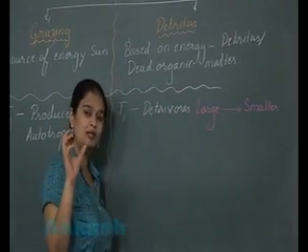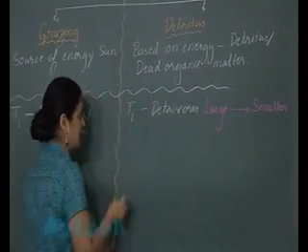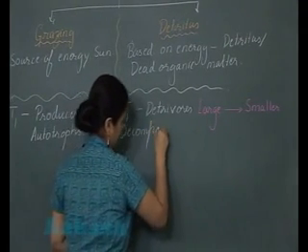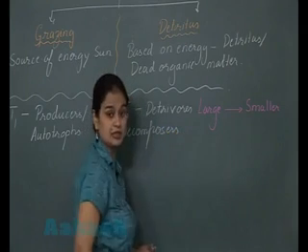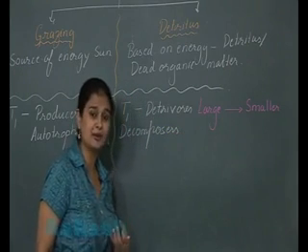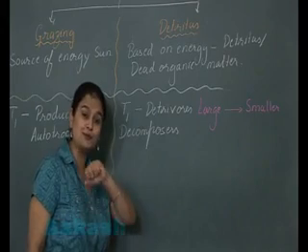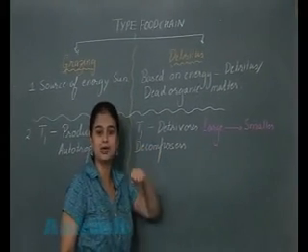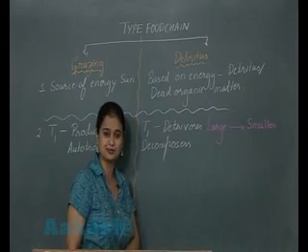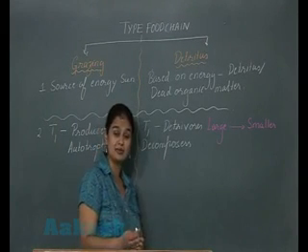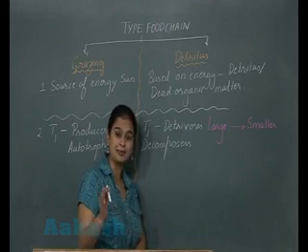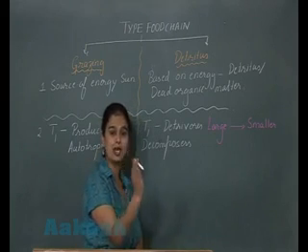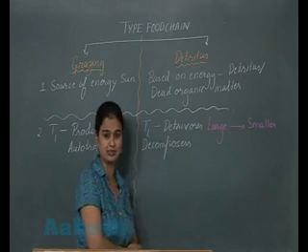Now the smaller organic matter is acted upon by the decomposers, that is the microorganisms. You remember we have earlier studied these microorganisms. From their body they will secrete enzymes. These enzymes will act upon the organic matter and convert the organic matter into inorganic nutrients.